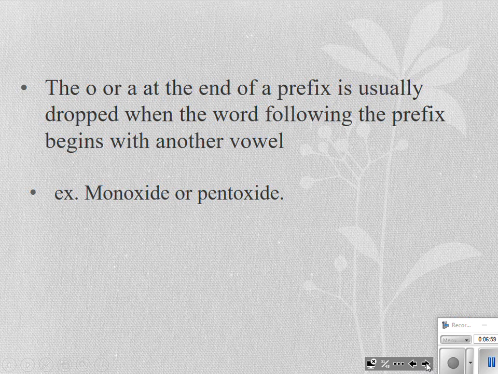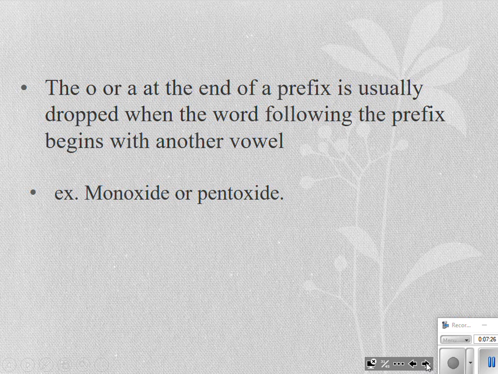This last little rule here is just saying that, hey, if there is an O or an A at the end of the prefix, it's usually dropped if the word begins with another vowel, meaning oxide. Instead of pentaoxide, it's just pentoxide.